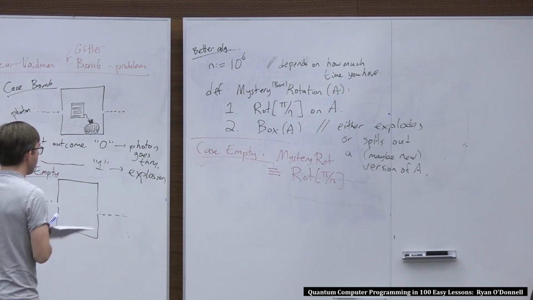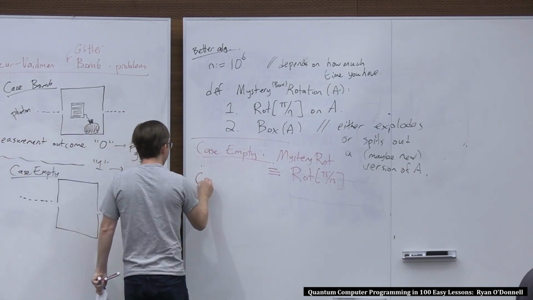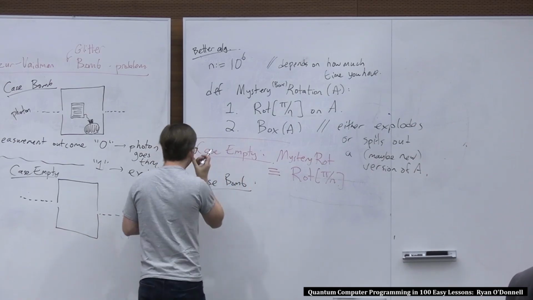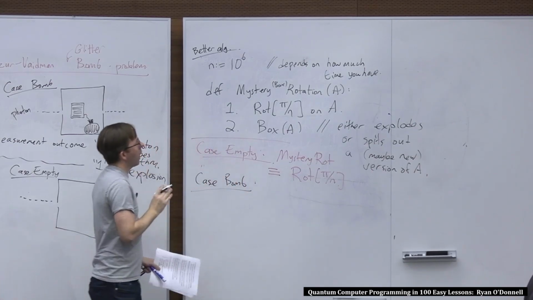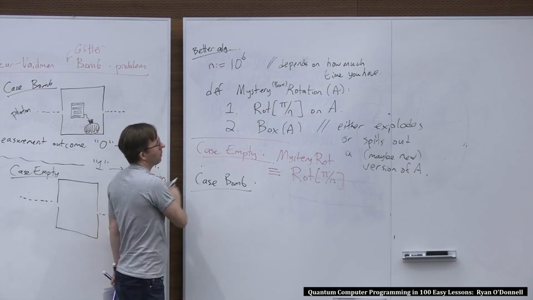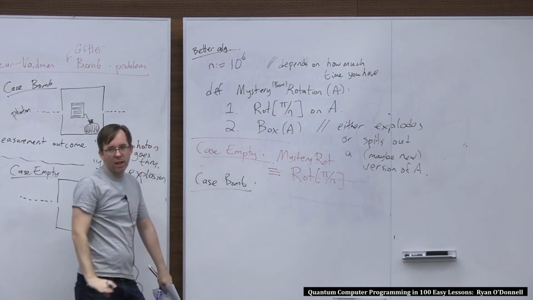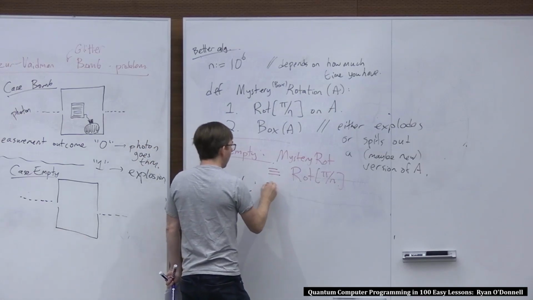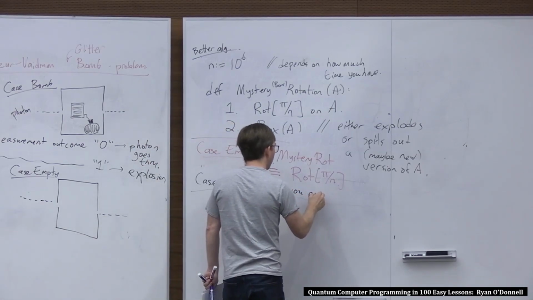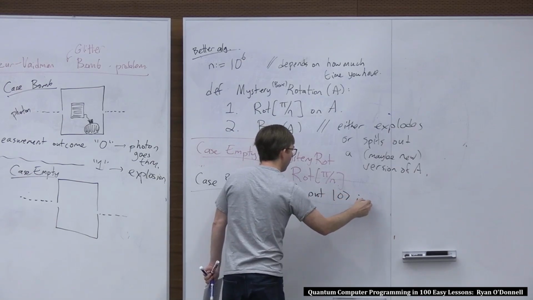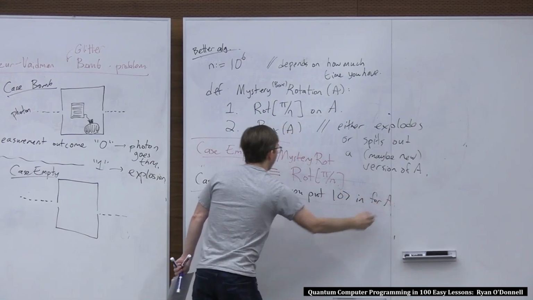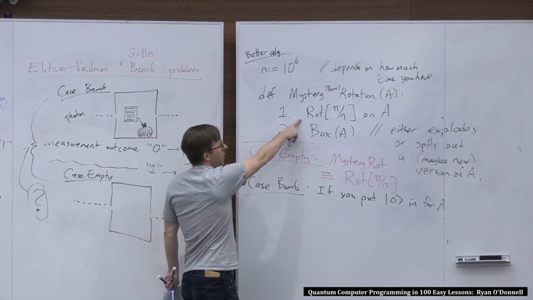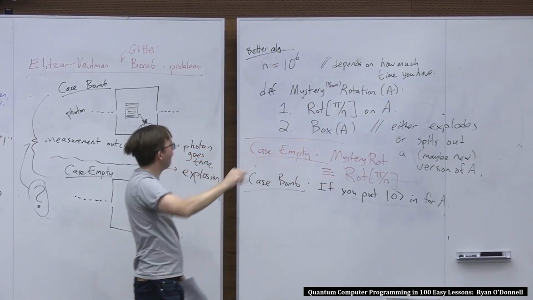In the bomb case, it's a bit different. How does this algorithm operate in the bomb case? Well, I'm only going to analyze what happens in the bomb case if you put ket 0 into this algorithm. I'm only going to analyze that case. So if you put ket 0 in for A, well, first thing you do is you rotate it a teeny bit.